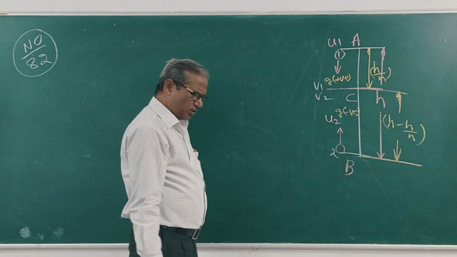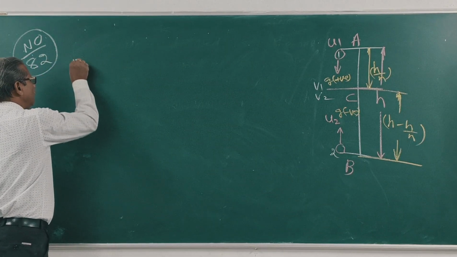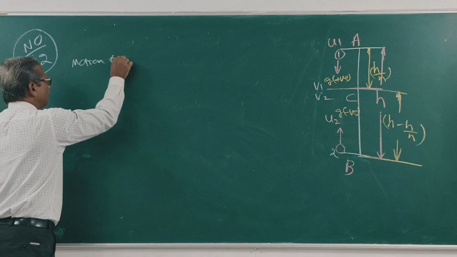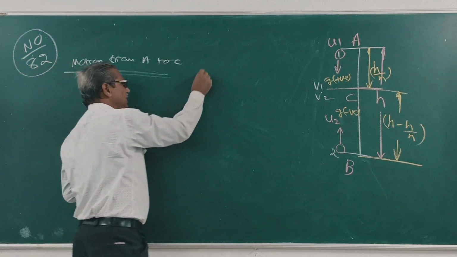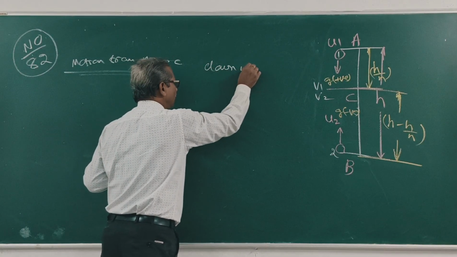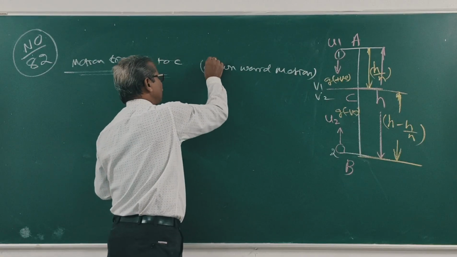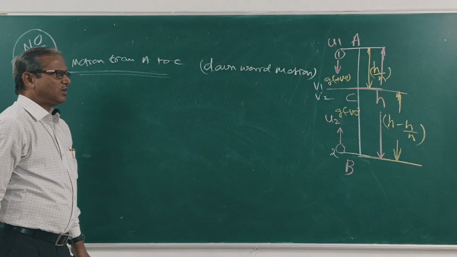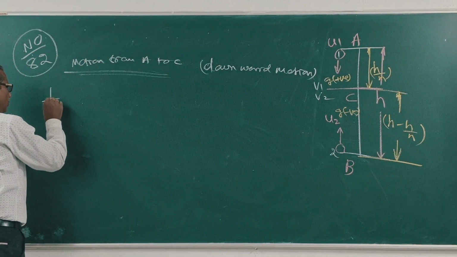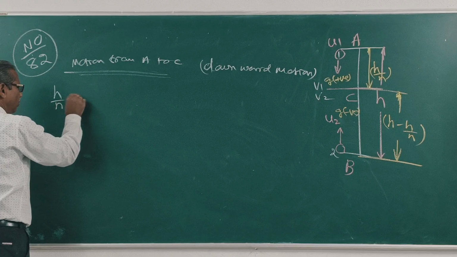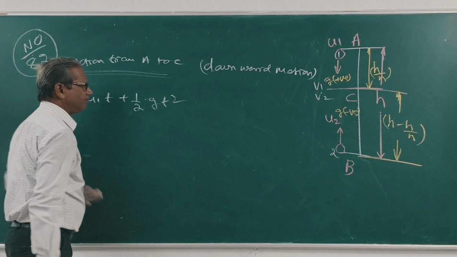Now, motion from A to C, downward motion. For A to C, h1 is equal to u t plus half g t square. Clear?